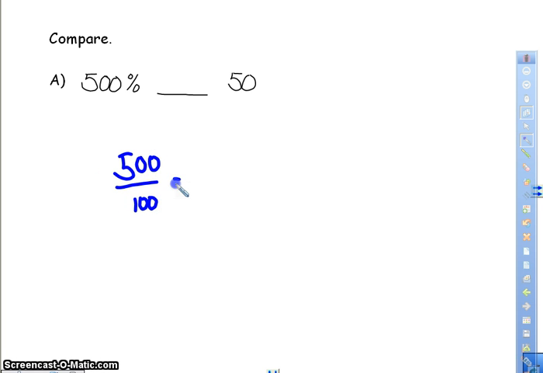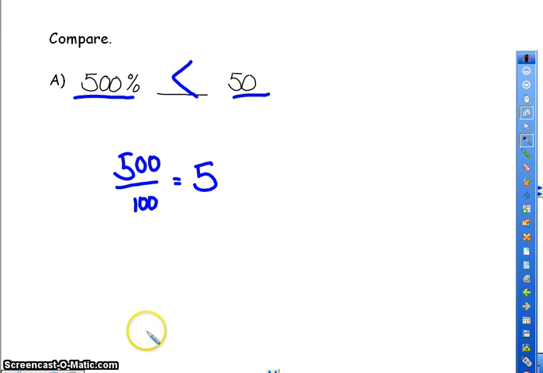If I change this to a whole number, it would become a 5. 5 compared to 50 is a lot smaller than 50. So 500% is less than 50. Whether you want to change this one to a percent, or I'm sorry, a decimal, or this one to a percent, it doesn't matter at all, as long as you're comparing the same form.